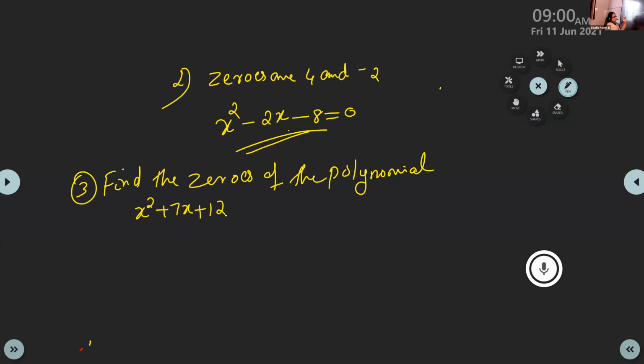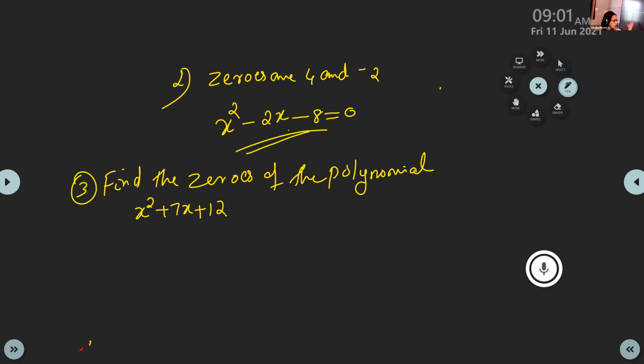Children, for finding the zeros or roots of a quadratic polynomial, you have now studied different methods, either splitting the middle term or completing squares, or you can use the quadratic formula also. Whatever you feel is easy, you can do that.